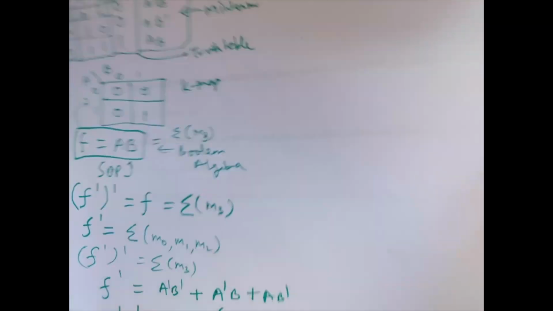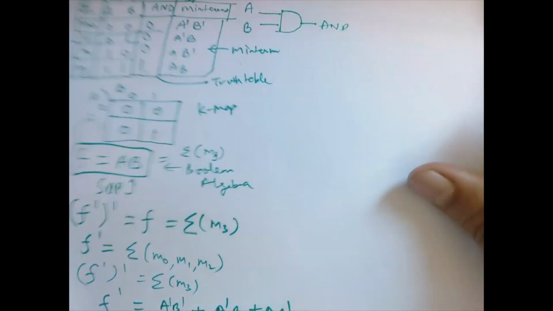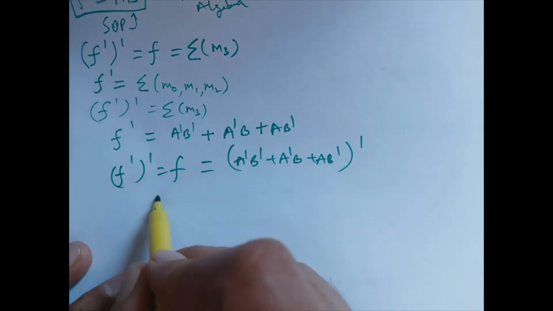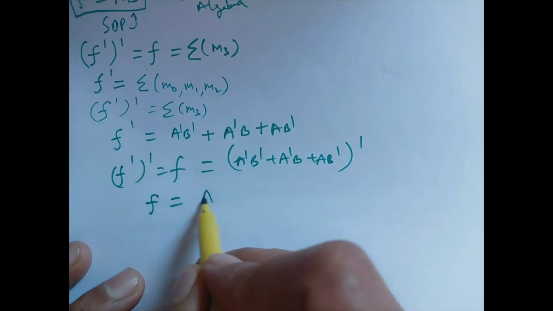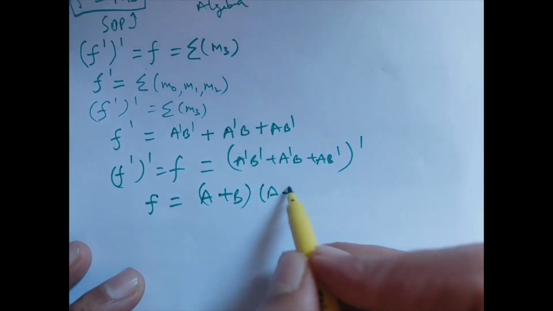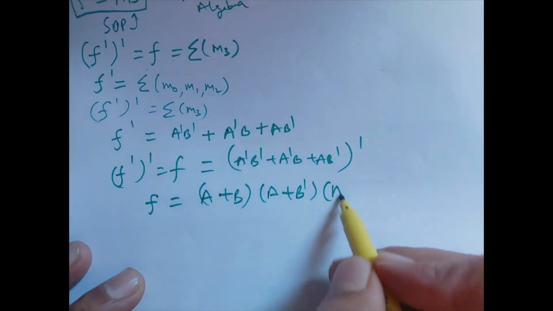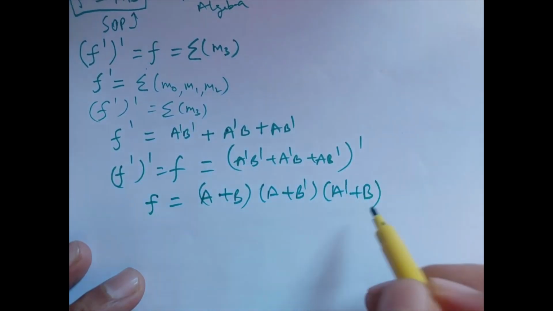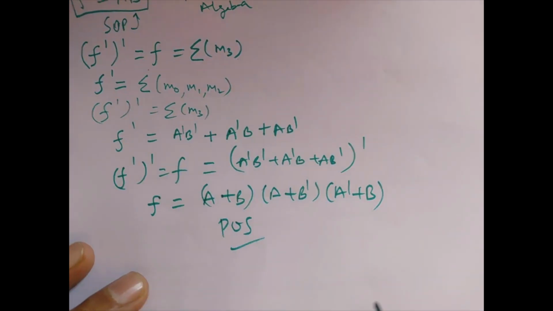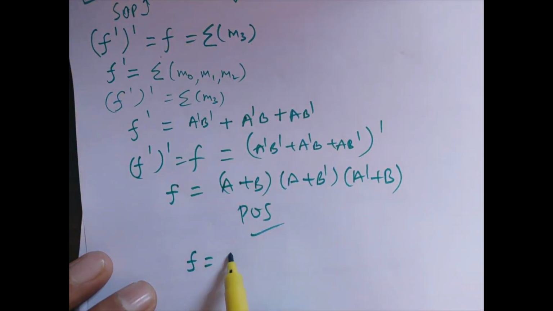Let us continue solving here. So f becomes a or b, a or b bar, a bar or b, and this is the product of sums function.